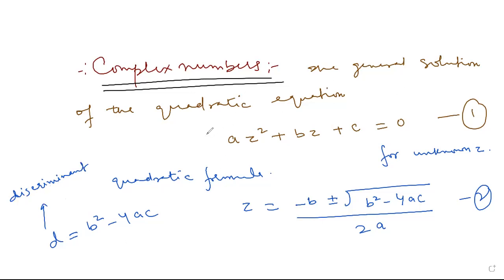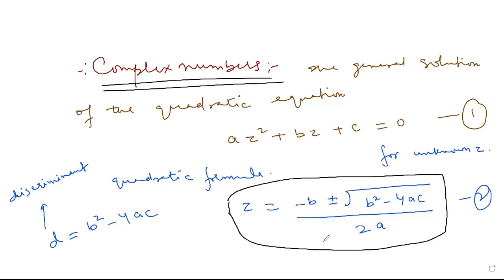So if we have a general quadratic equation for unknown z given by equation 1, its solution is given by this quadratic formula. Z equal to minus b plus minus square root of b square minus 4ac whole divided by 2a. I name it second.